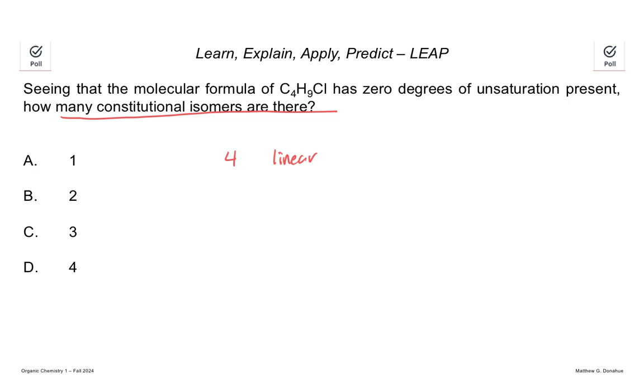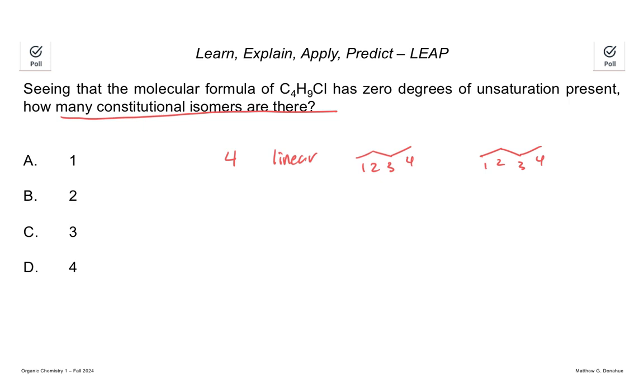Then we'll knock it down to 3 and start drawing branched ones. So there's 4 carbons. Again, no degrees of unsaturation.